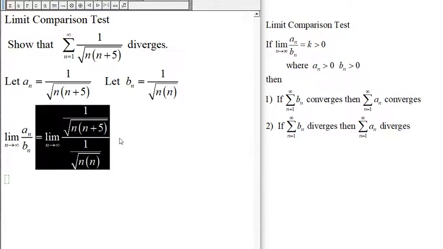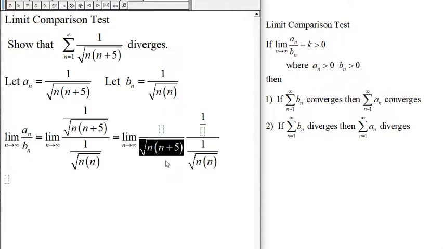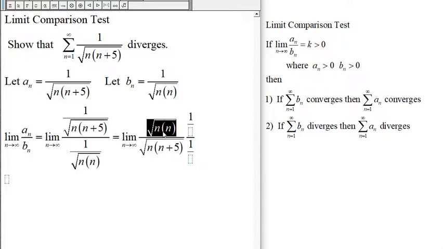So this will equal to that. And recall that dividing by a fraction is the same thing as multiplying by the reciprocal. So that's why this expression right here ends up on the top.